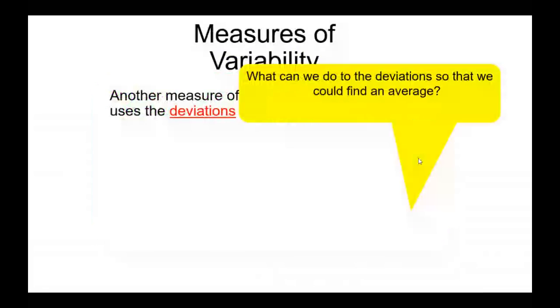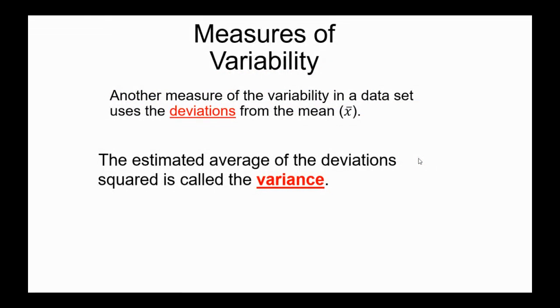So one thing we could do is square the deviations and then find the average of those. That average, or that estimated average, I should say, is called the variance. So if we square them and then find the average of those, that's called the variance.